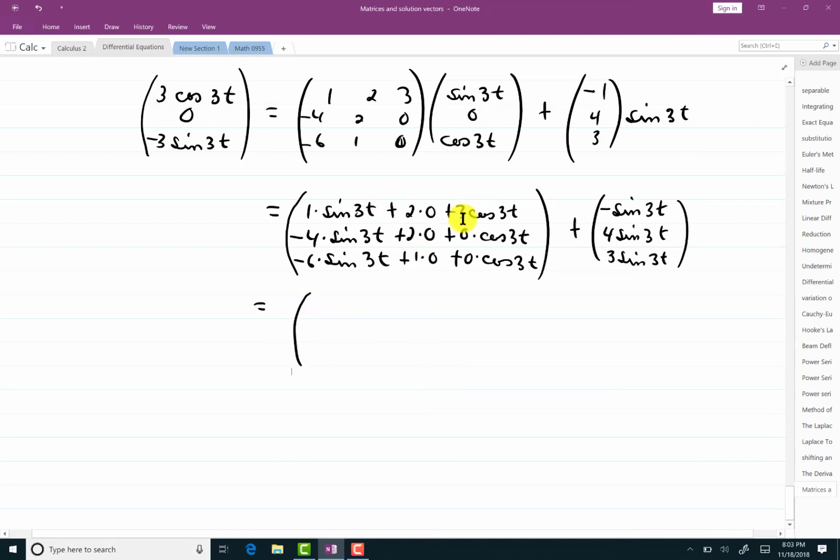So I'll be left with 3 cosine of 3t. For the second one here, I have negative 4 sine of 3t and nothing else, but then I have plus 4 sine of 3t, and that'll give me a 0 there. And then finally I have negative 6 sine of 3t plus 3 sine of 3t will give me negative 3 sine of 3t.